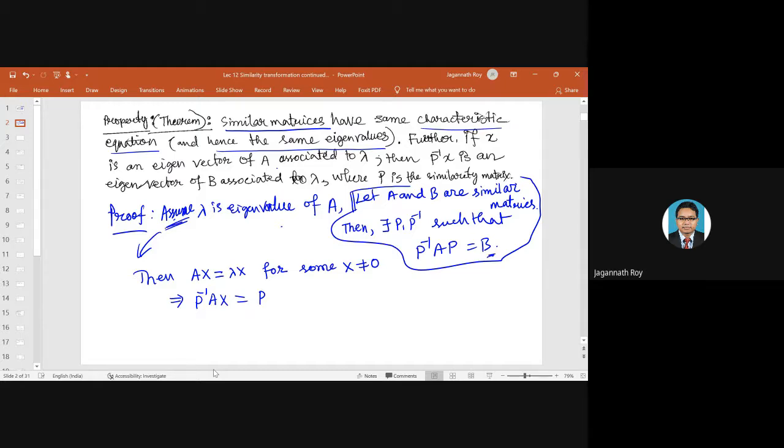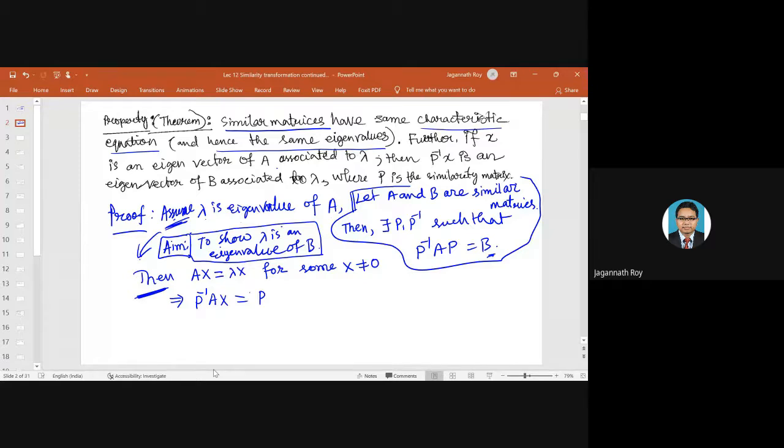Now we are assuming lambda is an eigenvalue of A. Our aim is to show lambda is an eigenvalue of B. By the given assumption, this relation will hold.